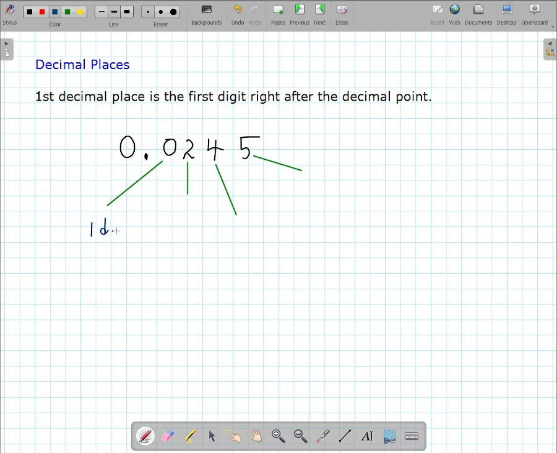First DP, second DP, third DP, and fourth DP. Right after the decimal point, that is the first DP.